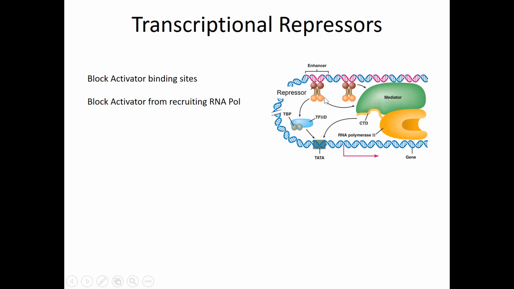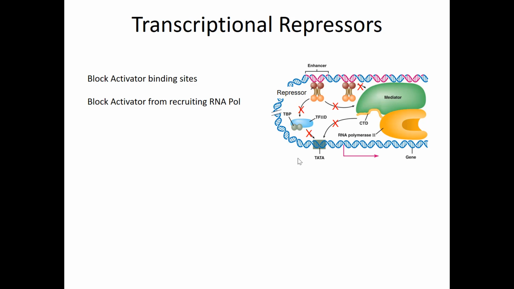And so these activators are, if we go back here, let's remove the repressor, activators binding here at the enhancer site, recruiting this coactivator, the mediator, that's pulling RNA polymerase to the correct place, helping that happen more rapidly. And then a repressor will come in and bind to that site, and so it won't recruit the mediator, it won't help transcription factors bind to the promoter, the TATA box, and it won't pull RNA polymerase as well.